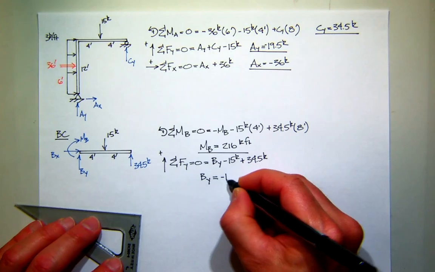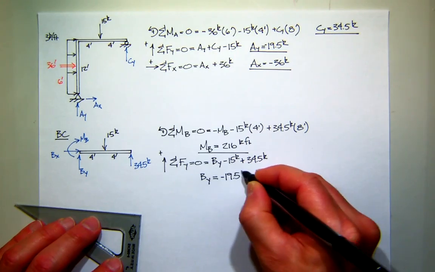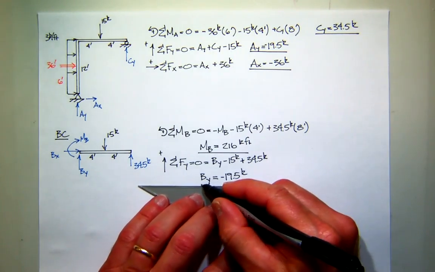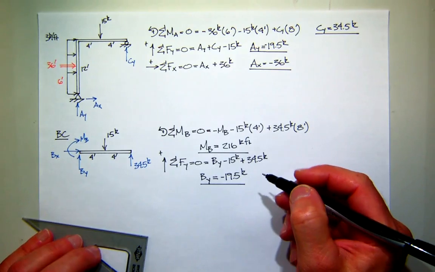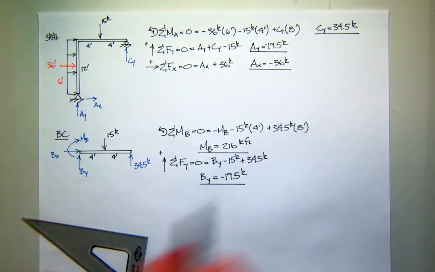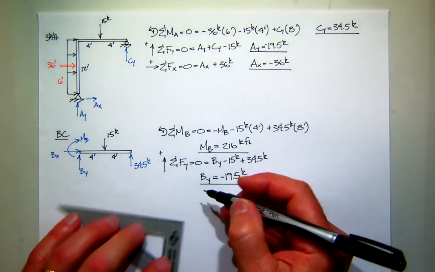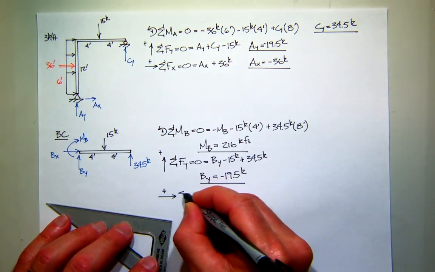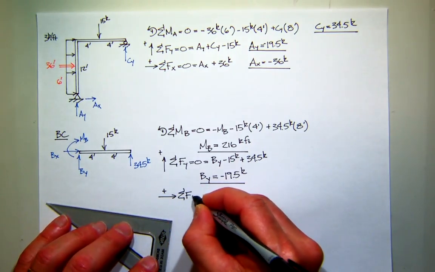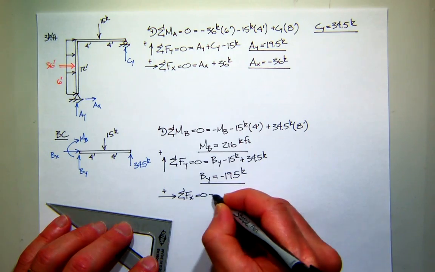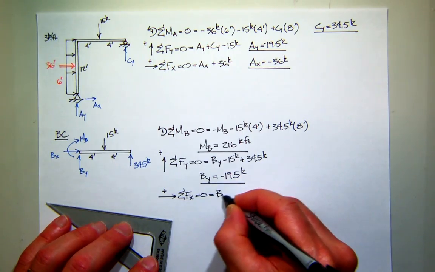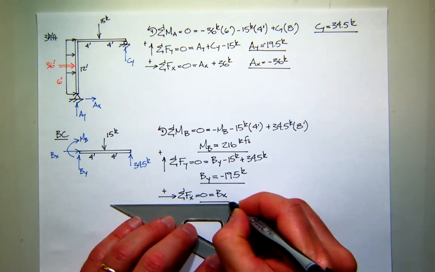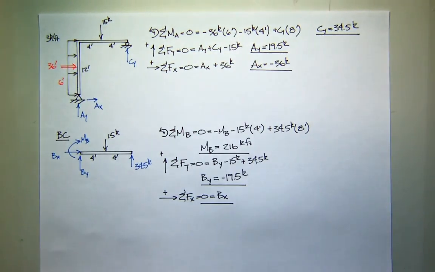Negative. And that's it. We can check, but I think you can see that if I sum forces in the x direction, all I have is Bx, so Bx is 0.